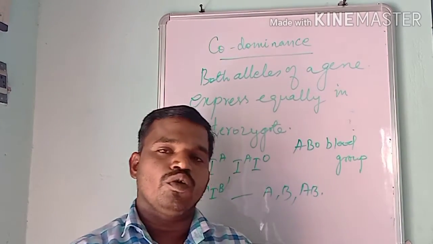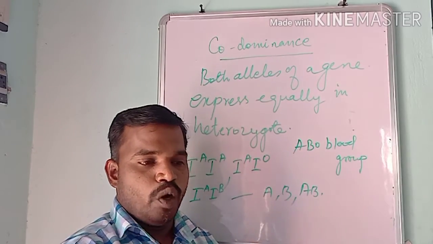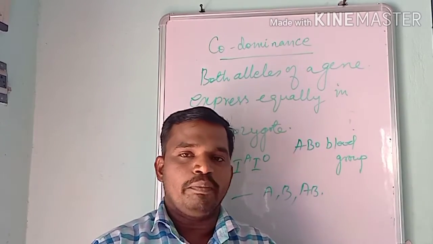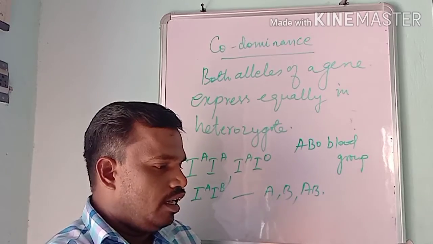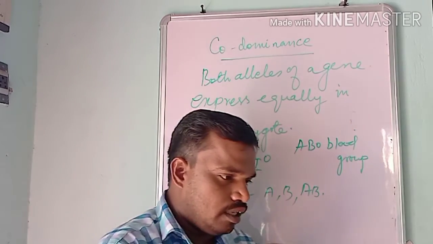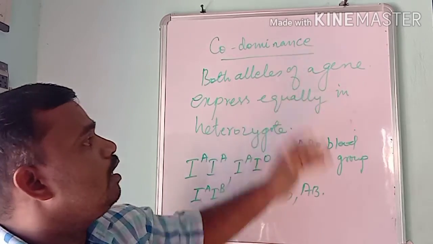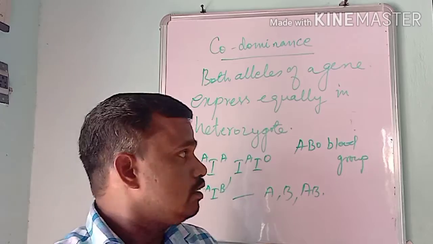When we follow the electrophoresis method, we are able to identify the protein synthesis. By separating out the proteins, we are able to understand which allele, which gene is expressing which type of protein. So both the alleles are expressing equally to give a particular protein.